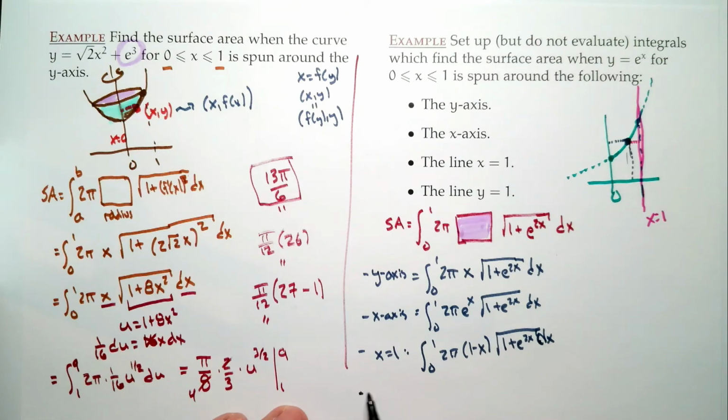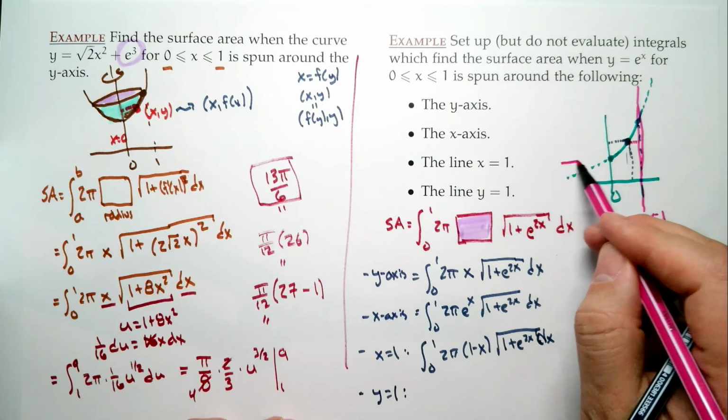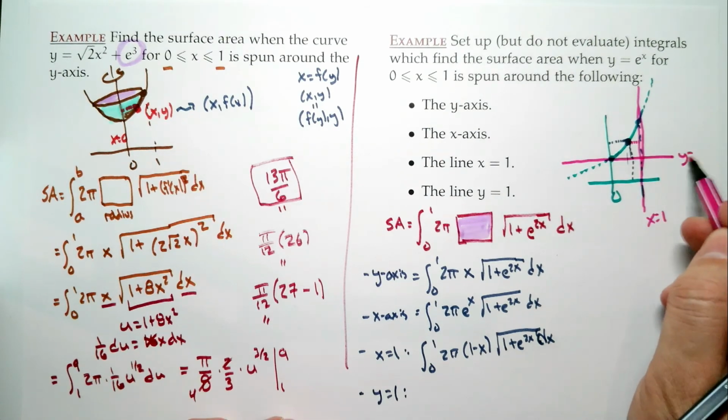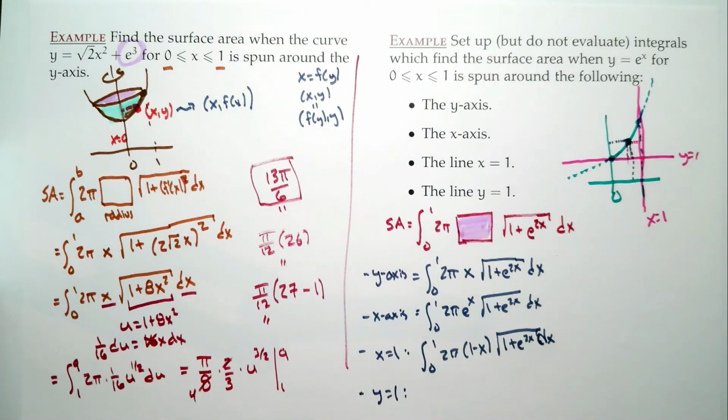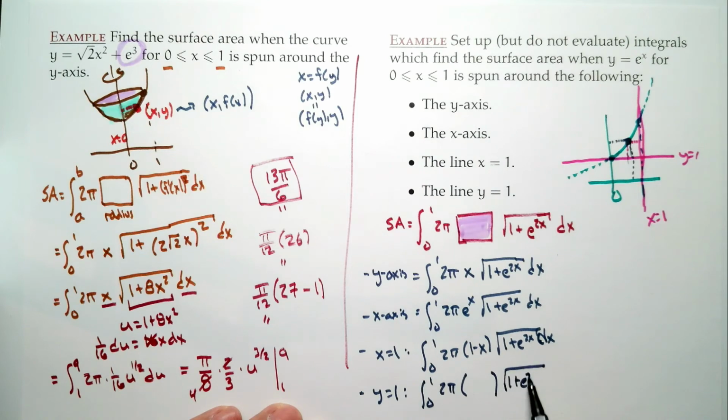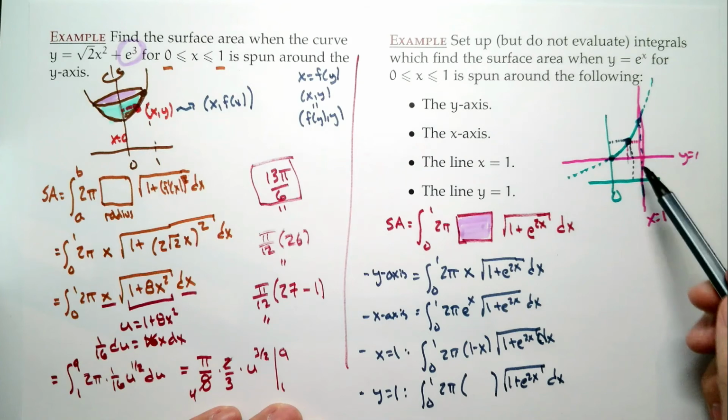Last one. y equals 1. Where is that? That's this line. How far are we from y equals 1? Is it 1 minus e to the x?